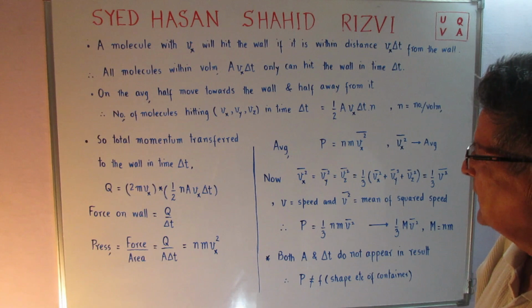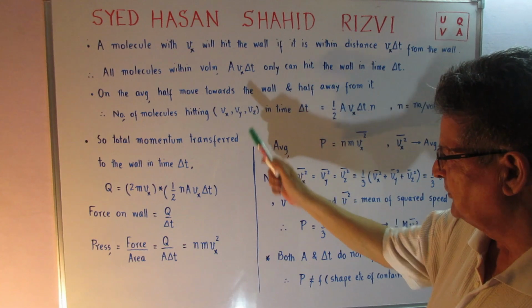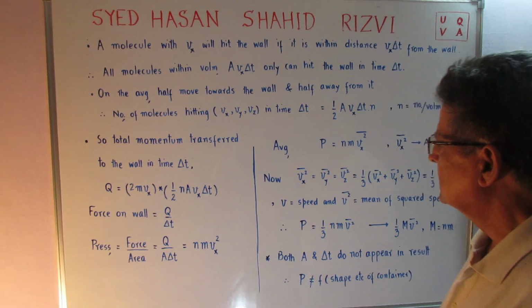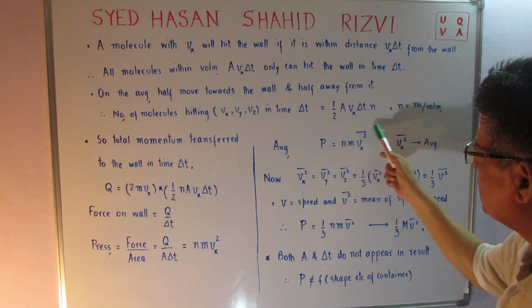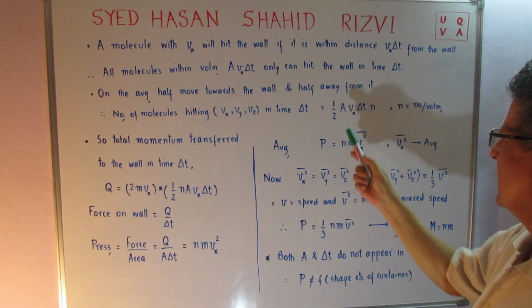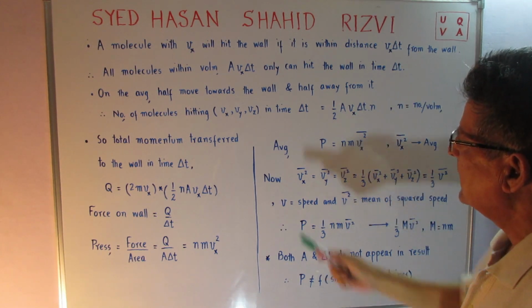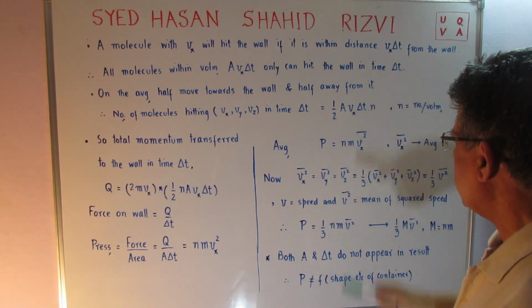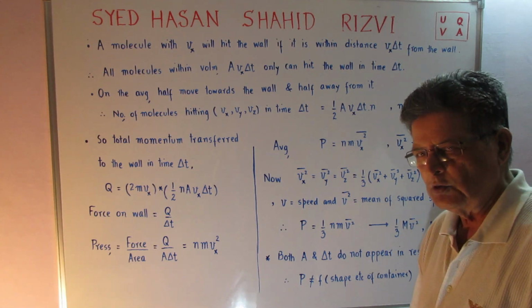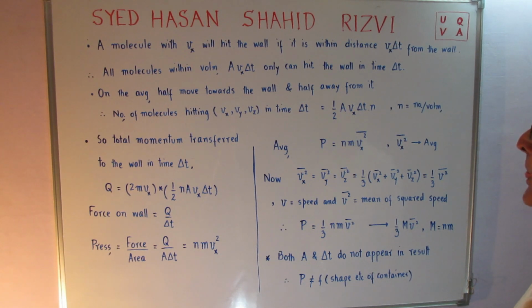So the number of molecules hitting in time delta t, having the velocities Vx, Vy, Vz, towards that particular plane, that is the YZ plane, will become equal to half A Vx delta t multiplied by n, where n is the number of molecules per unit volume.